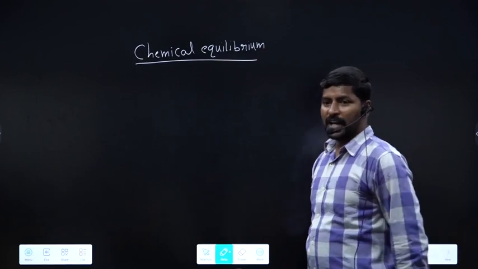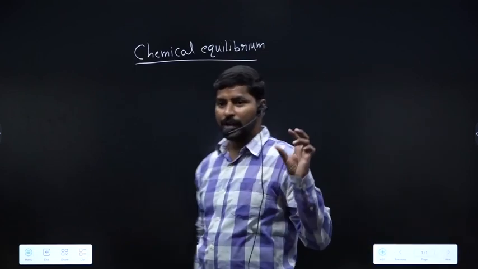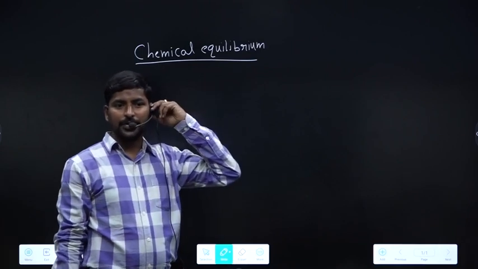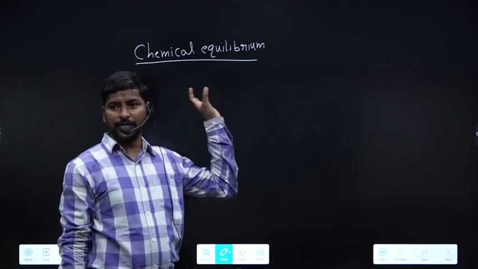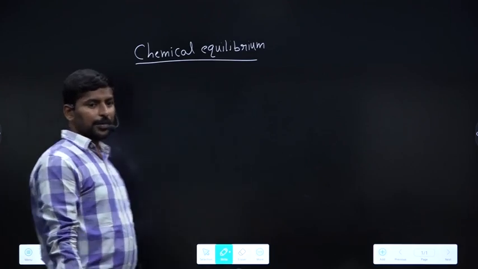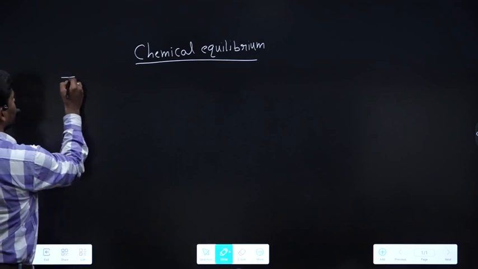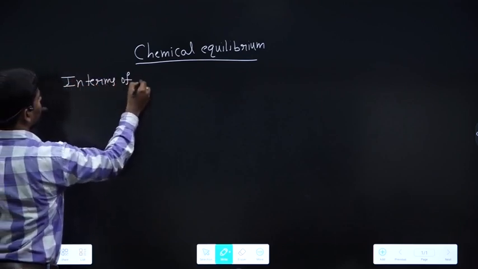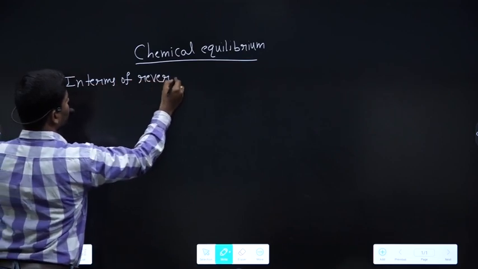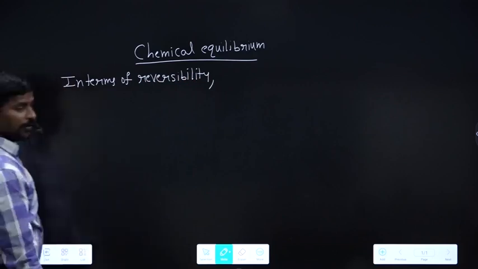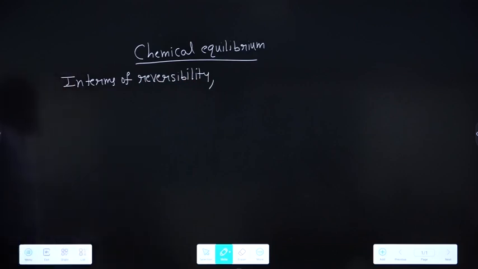So one of the classifications of reactions, in terms of reversibility: how many types of reactions do we have? In terms of reversibility, we have two types of reactions.